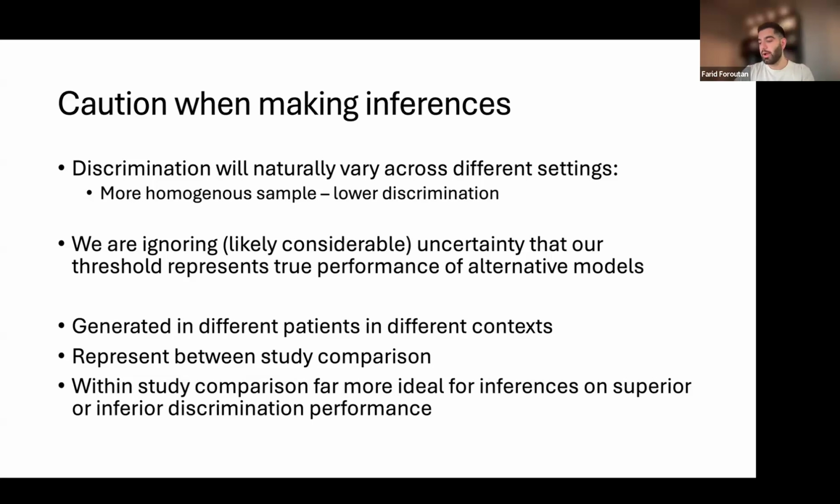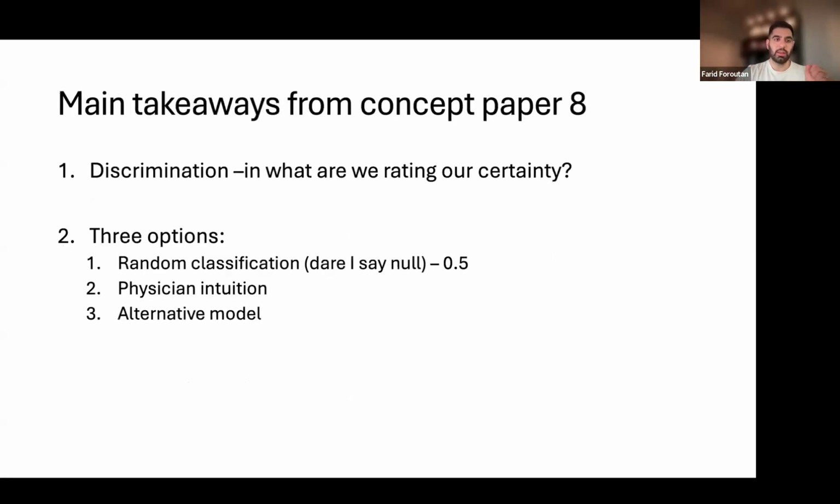So I know that we have about 14 minutes left, and I think the plan was a 40-minute talk and 20 minutes for questions and answers. Maybe if I were to say the main takeaways from concept paper number 8: discrimination is what we are rating our certainty in.